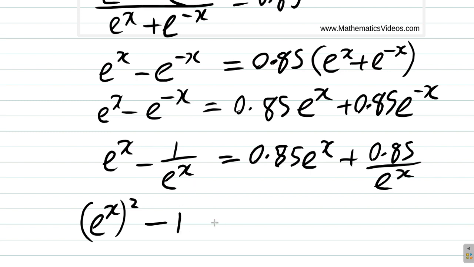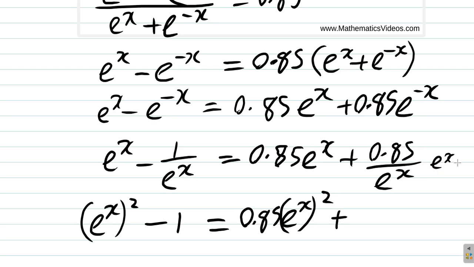So you get 1 equals, this will be multiplied by e to the x. So you'd have 0.85 e to the x times e to the x, which is e to the x squared, plus e to the x would cancel itself when you multiply. All right, just like what happened over here.